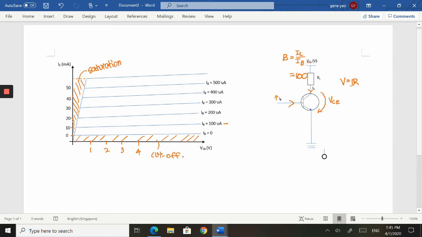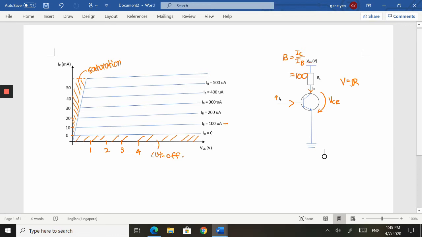The thing to interpret from this graph is that once I have selected a base current, let's say 100 microamps, it will more or less give you 10 milliamps in the collector current, even though I can increase my VCE, the collector current more or less stays constant. That's one piece of information I can get from this graph.